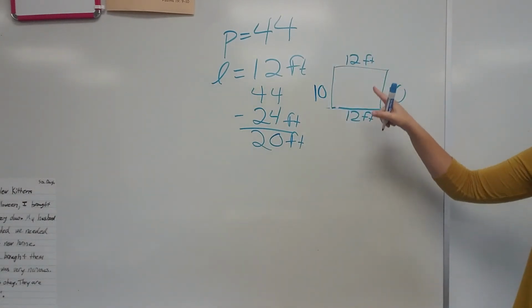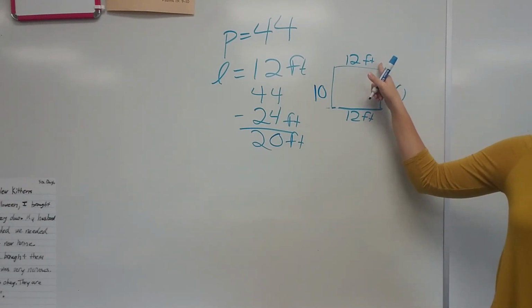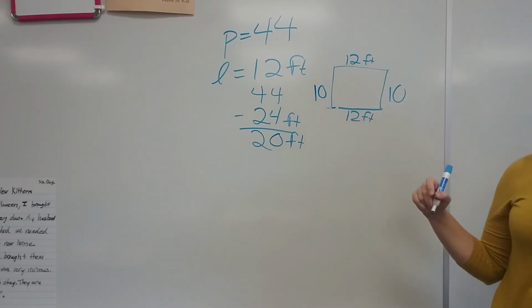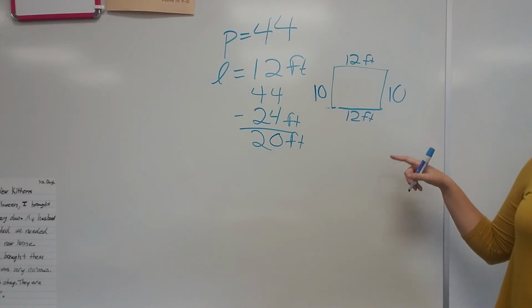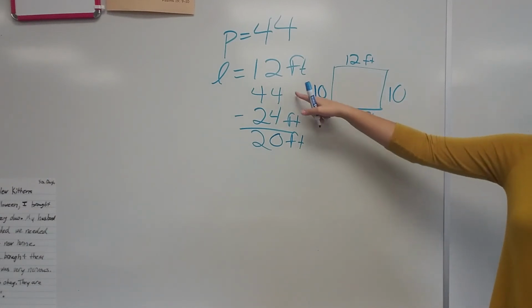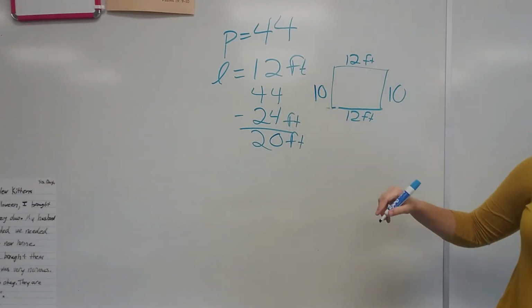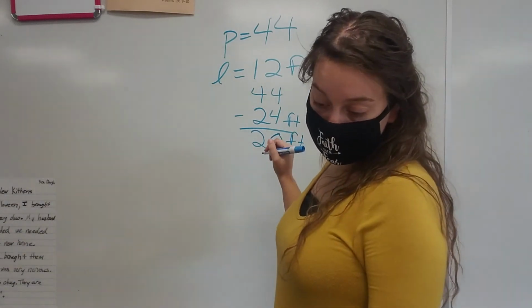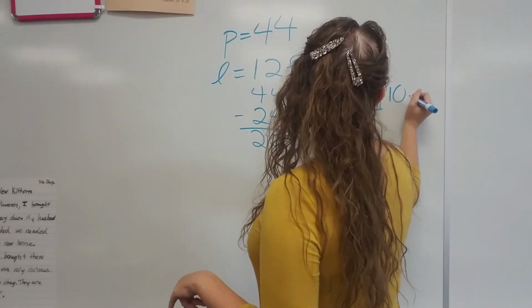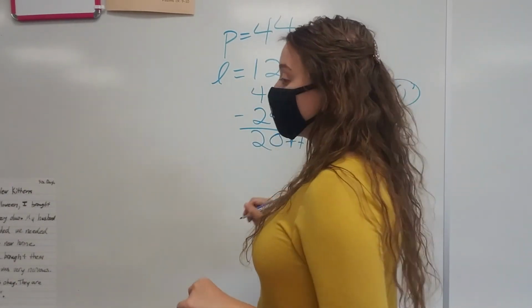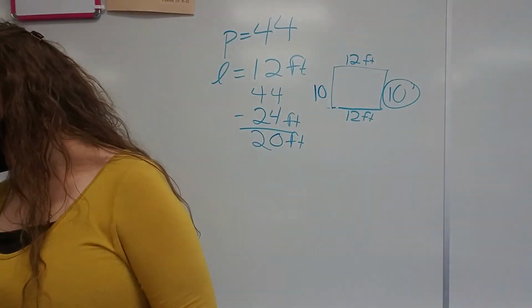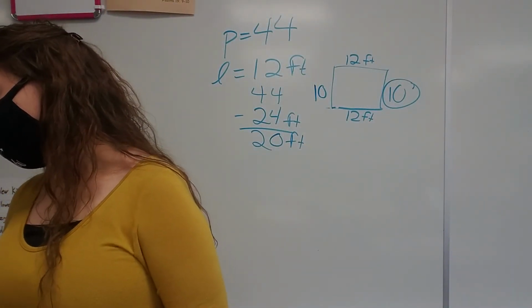We've got 12 plus 12 is? 24. And 10 plus 10 is? 20. And 20 plus 24 gets us? 44. So that means our width is 10 feet. Okay? What's the perimeter?